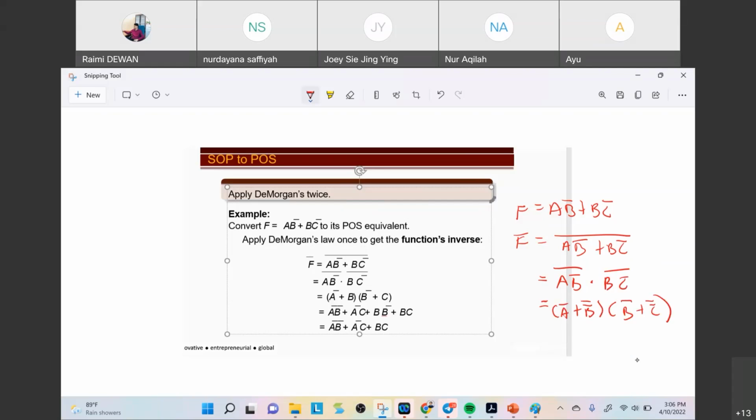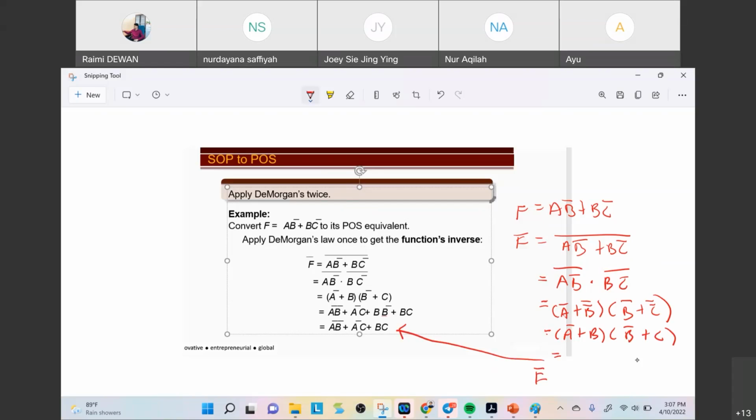And we know that if we have a double bar, it will be the same as the original variable, which is B, for example, in this case. So A bar plus B, B bar plus C. And then you expand, and you should get this answer.